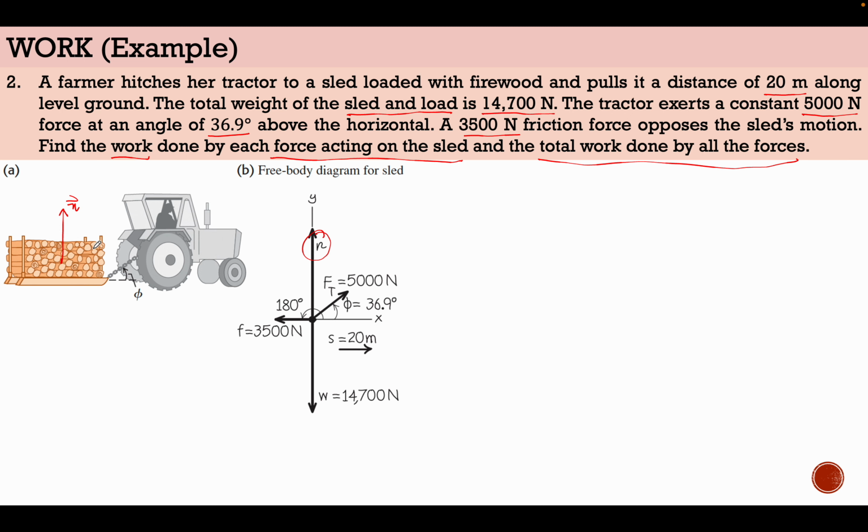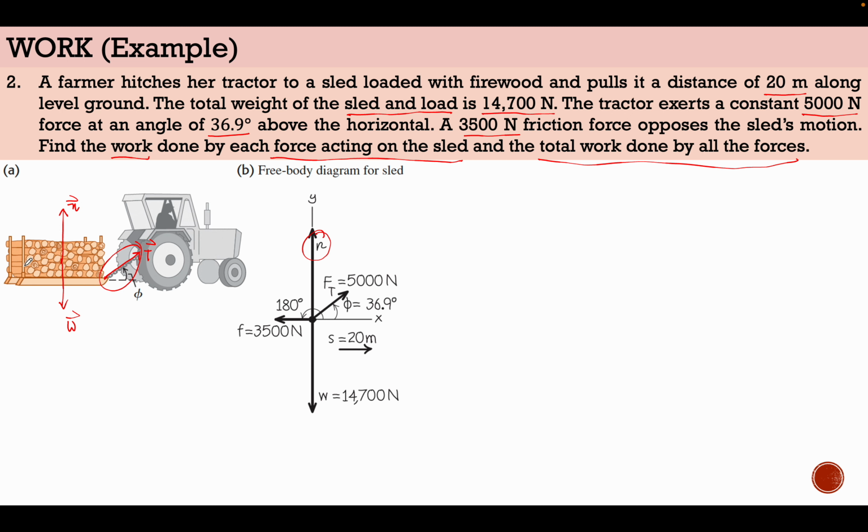And also, we have obviously the weight of the sled and the load, which is straight downwards. And then we have the tension force, since the tractor is using a chain, right here, to pull the sled that is loaded with firewood. The tension force is located right here.